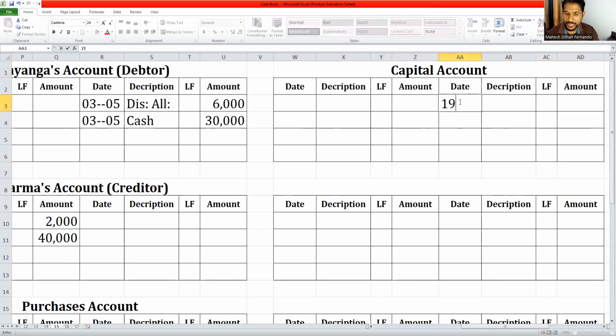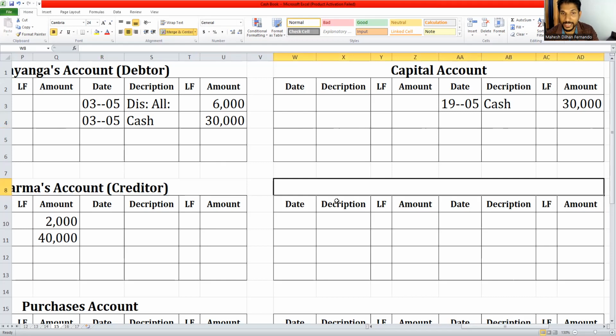On 19th May, the owner has introduced cash worth 30,000. Now we have just recorded it. What is the double entry? Cash book debit, capital credit. Not only that, on the same day, the owner has invested office equipment.